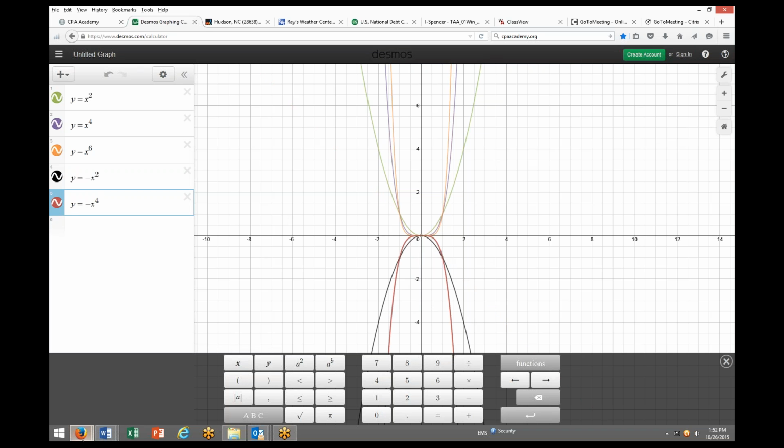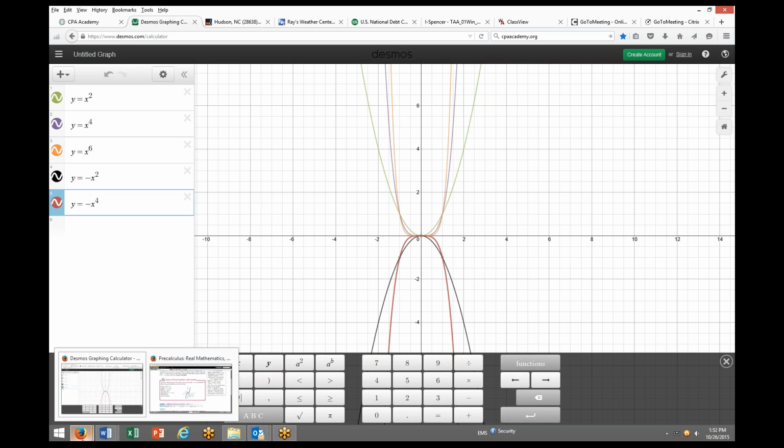So here's the point. If you have a polynomial function of even degree, then it might have a few blips in the middle, but ultimately it's going to go the same direction to the left and to the right, either both up or both down.